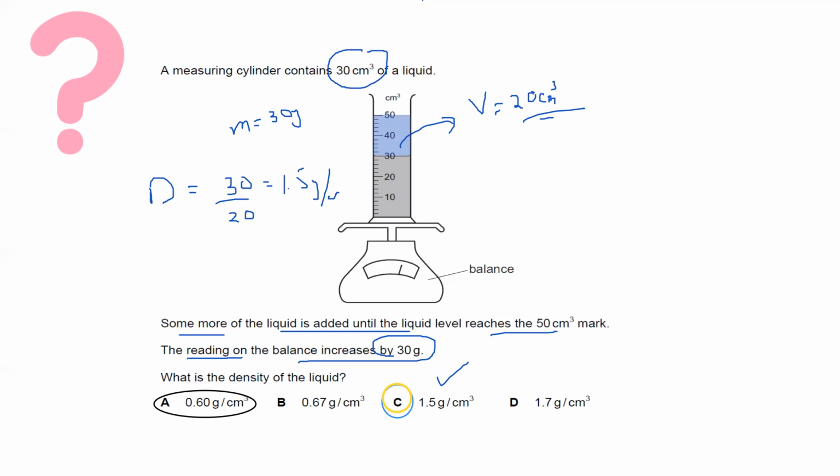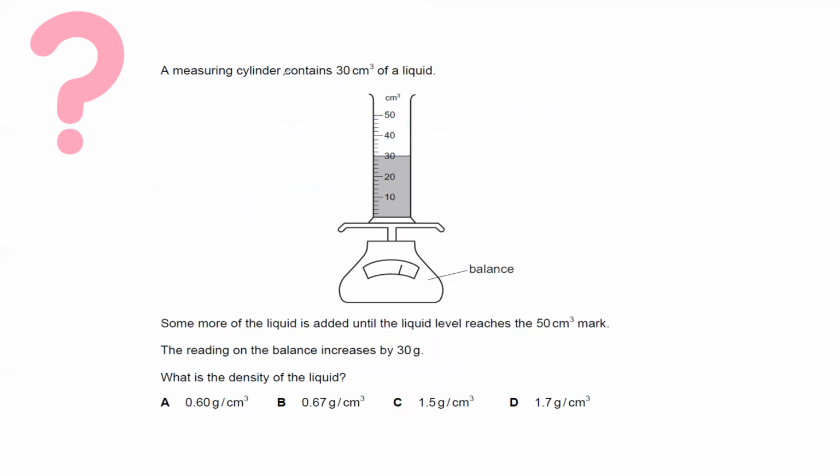From where I got 20, as you can read the question, they mention here, Abdullah, that a measuring cylinder contains 30 cm cube of liquid. Then some more of the liquid is added until the volume reaches 50.